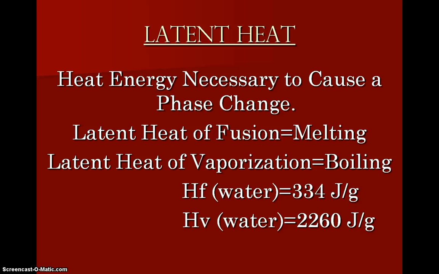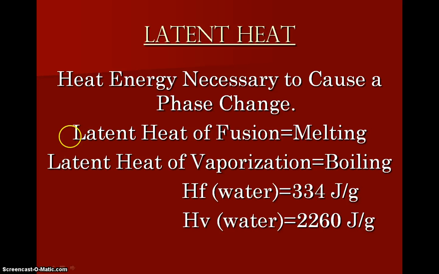All right, so when a substance undergoes a phase change, when it's melting or boiling, there is some amount of heat that's required to make that change happen. However, during that time, it is not changing its temperature, it's only changing its state. So the energy goes into breaking the bonds that hold it in whatever state of matter it is.